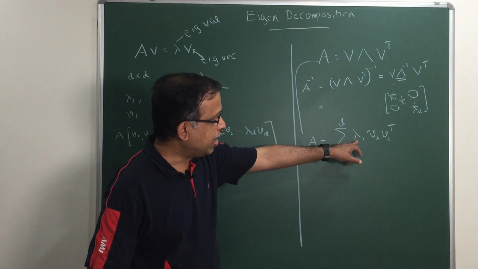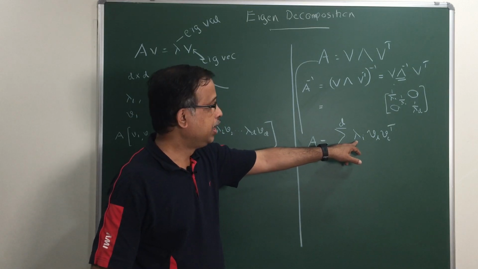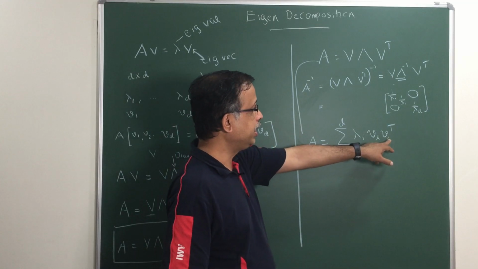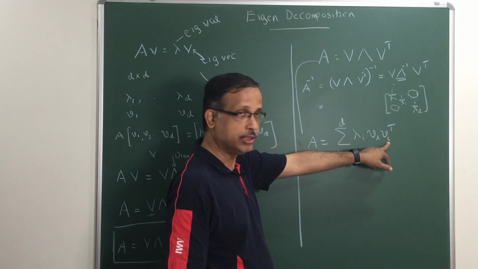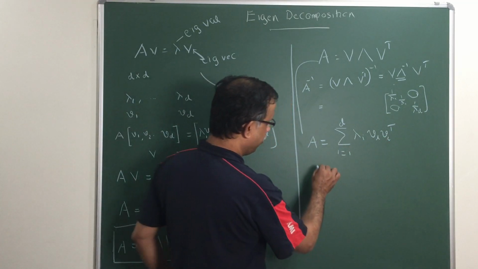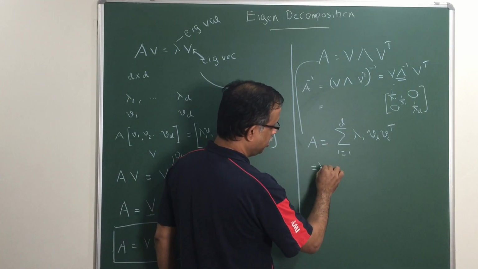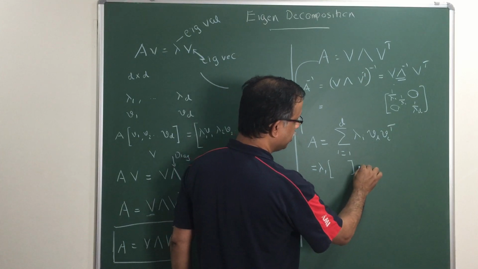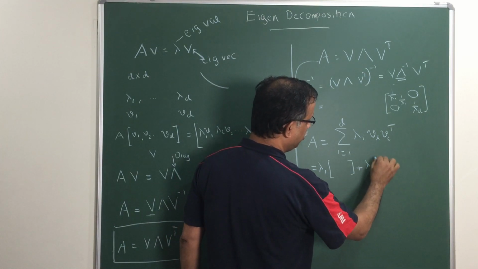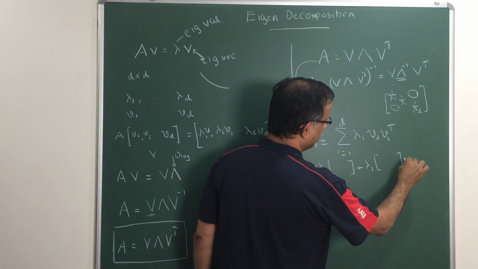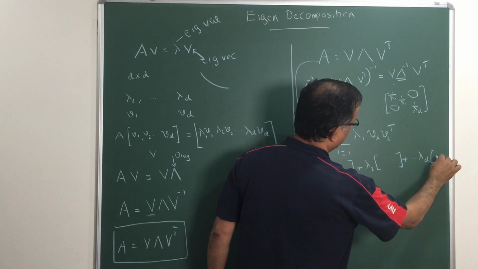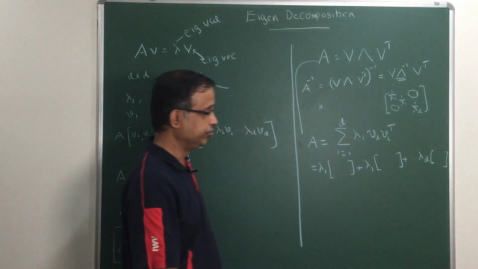Now, if lambdas are in decreasing order, remember vi vi transpose is a D by D matrix. This can be written as lambda 1 into a D by D matrix plus lambda 2 into a D by D matrix plus lambda D into a D by D matrix.